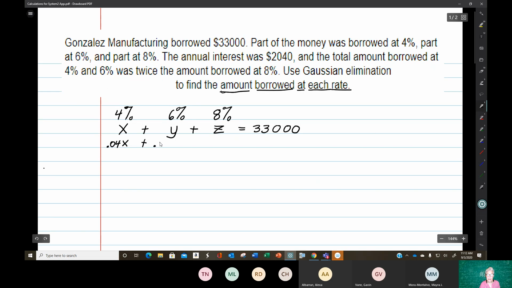The amount they paid on the Y dollars was 6% of the Y dollars. And the amount of interest they paid on the Z dollars was 8% of the Z dollars. So the total amount of interest they paid was $2,040.